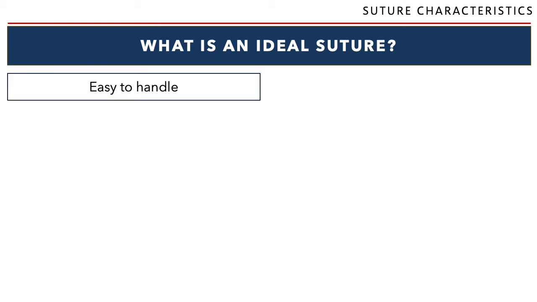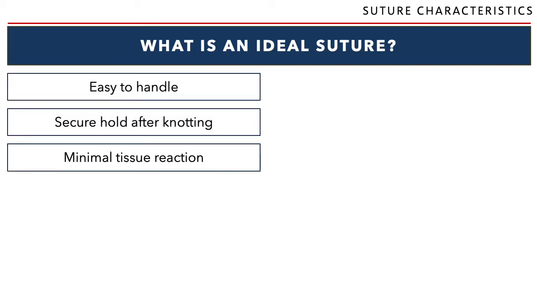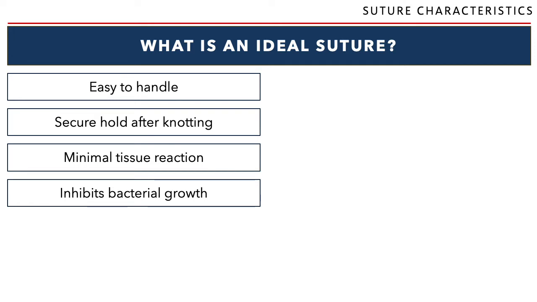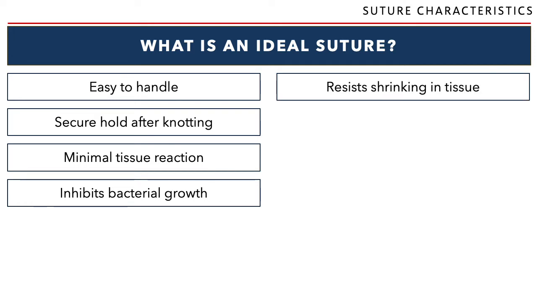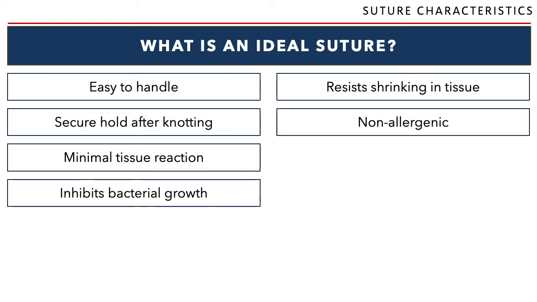All right. The question of what is an ideal suture: it's easy to handle, with secure hold after knotting. It generates minimal to no tissue reaction. It would inhibit bacterial growth to resist the development of surgical site infections. It resists shrinking in tissue so that when your tissue is healing, it will still be there to hold the tissues together.